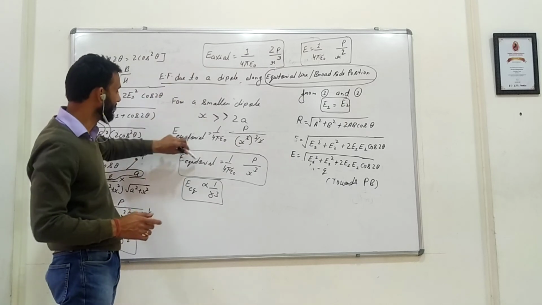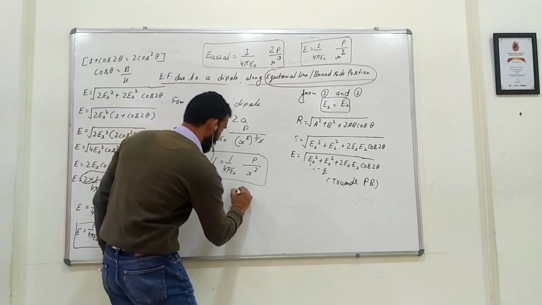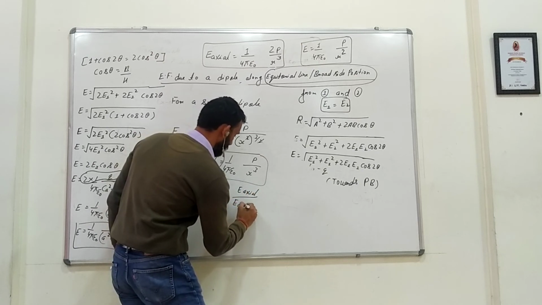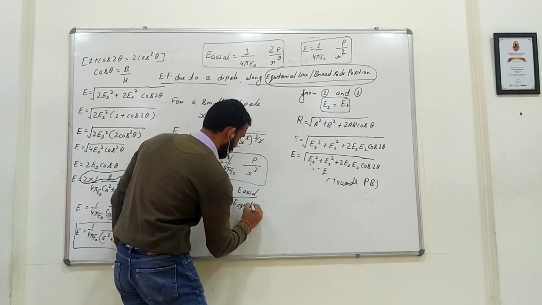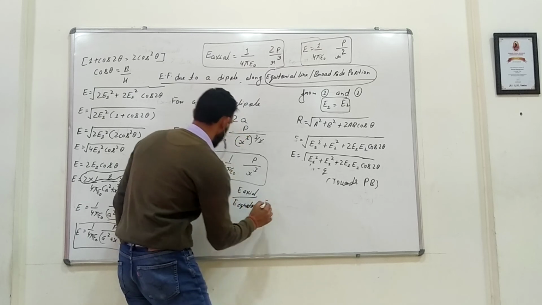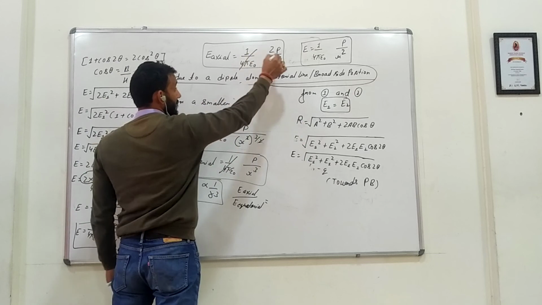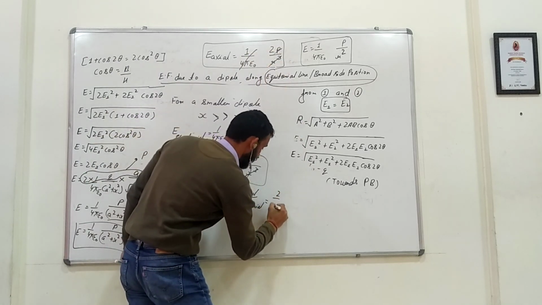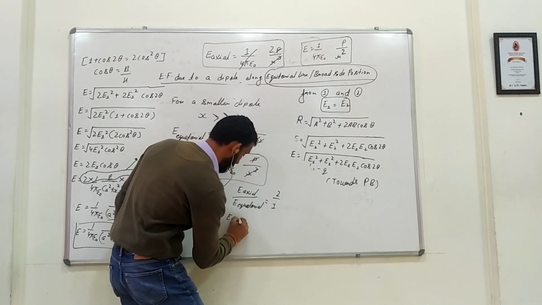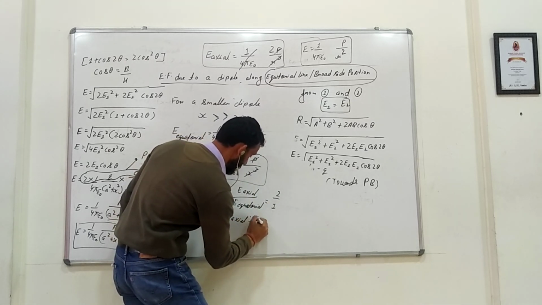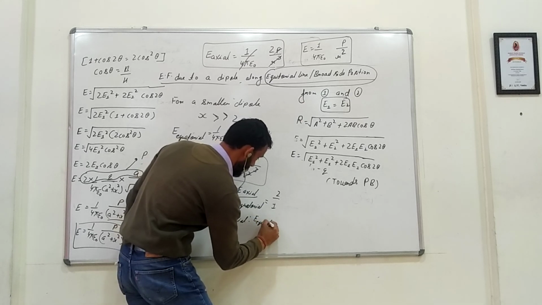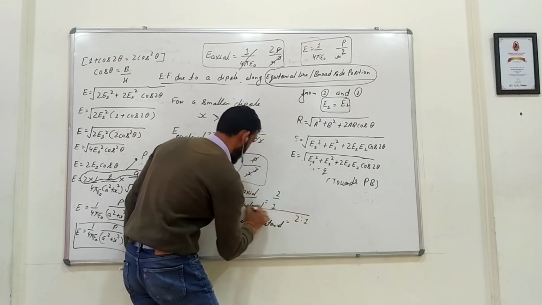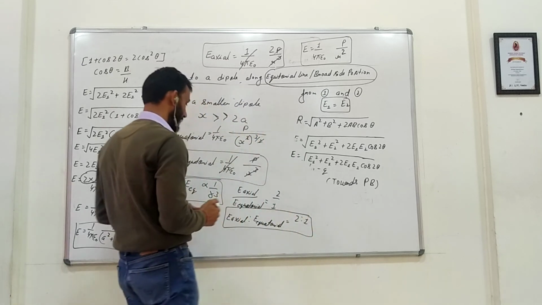If you take a ratio of these two, if I take E axial upon E equatorial, you know that this will cancel, this will cancel, P will cancel, and this ratio will be 2 by A. And if I write it in the form of ratio, it will be E axial to E equatorial, 2:1. So this will be the ratio for E axial and E equatorial.